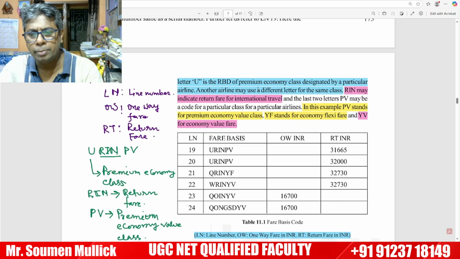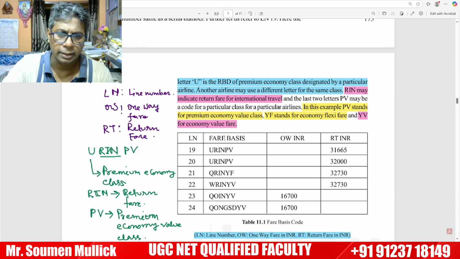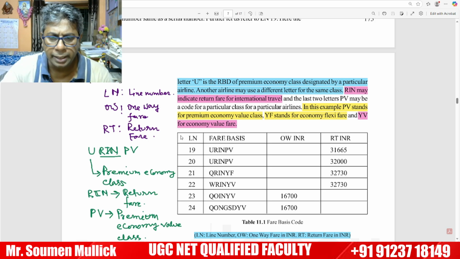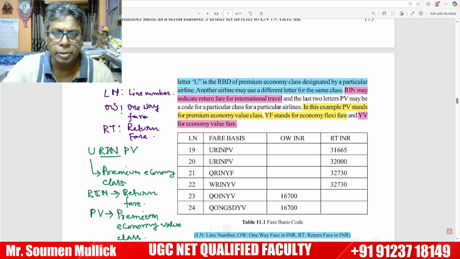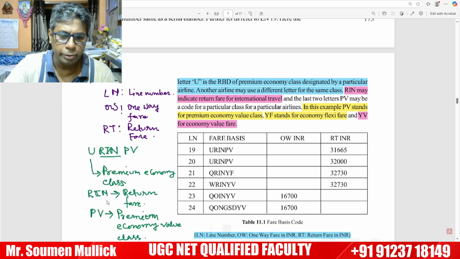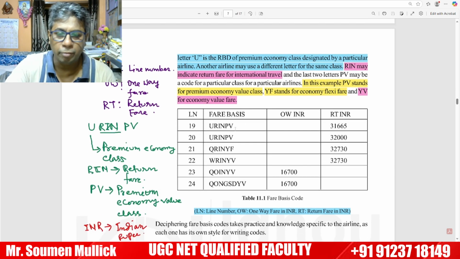U is the RBD, premium economy class designated by the particular airline, and another airline may use a different letter code. RIN means return fare. U means the premium economy class. PV means premium economy value class.